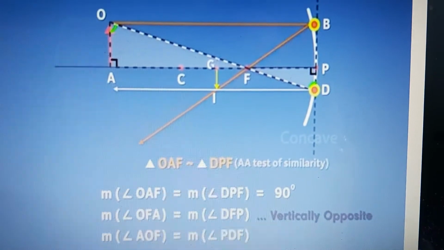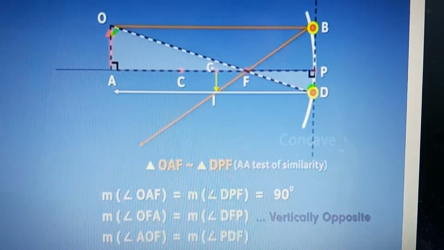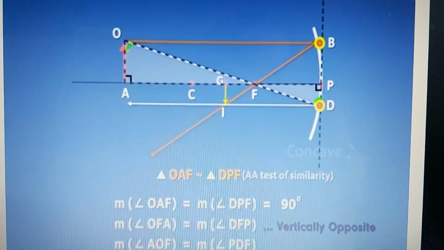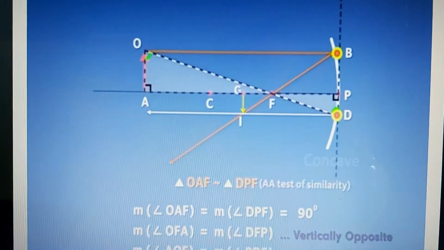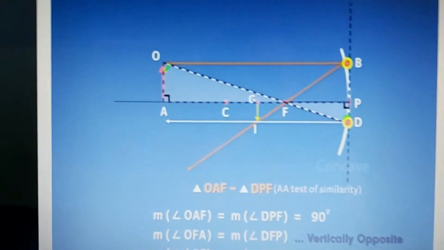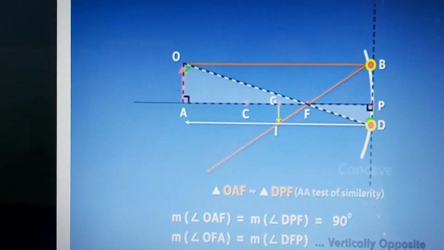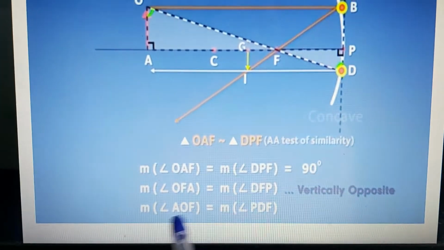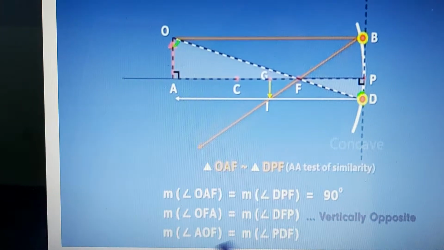How do we show that they are equal? With very basic logic, we know that if two sets of corresponding angles are equal, then the third set has to be equal.